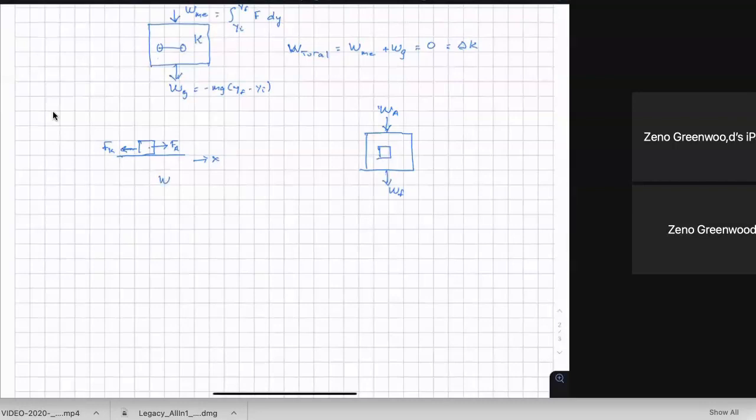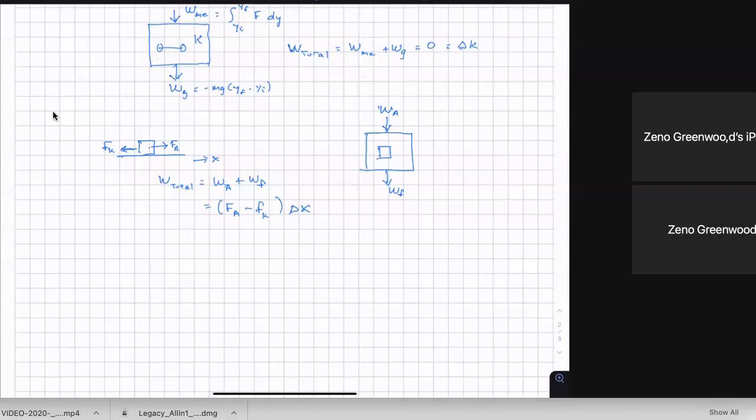If I'm applying a constant force, work total is equal to the work done by the applied force plus the work done by the friction force, which is equal to F sub A minus F sub K, F friction, F sub K, that's correct, times the displacement, delta X. Okay.